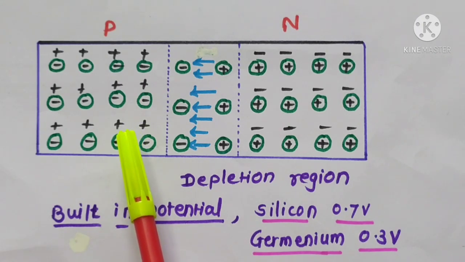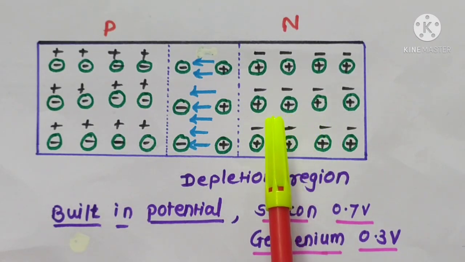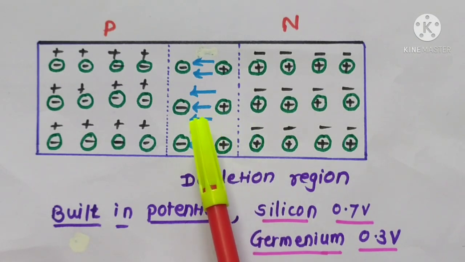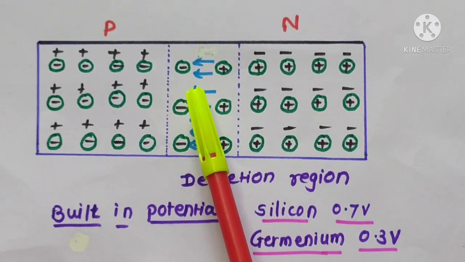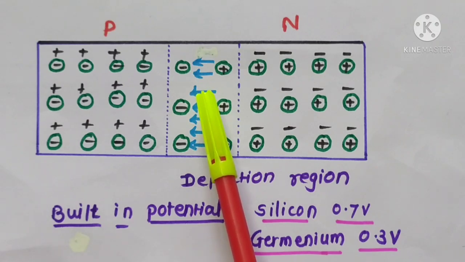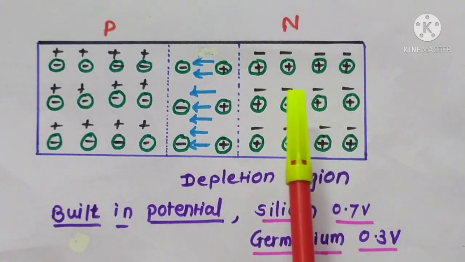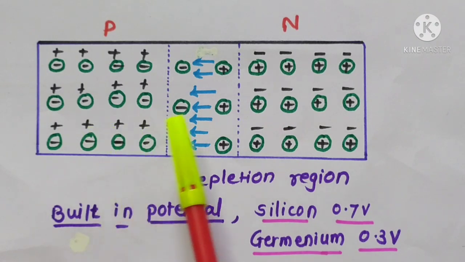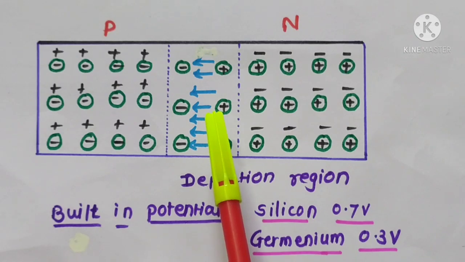Similarly, electrons which are minority charge carriers in the p-type region will be swept towards the n-type region, and they will become majority charge carriers. So due to this built-in electric field, the majority charge carriers are not able to cross the junction, but the minority carriers still go from one region to the other when no external biasing is applied.